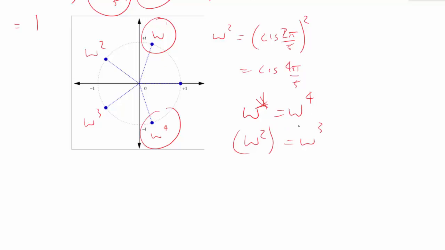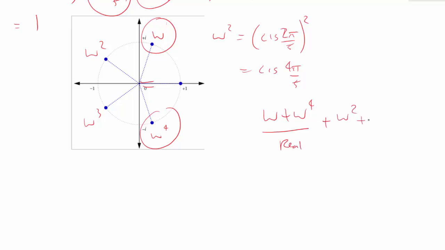I could move the conjugate to there, it wouldn't make any difference. Now, when you add a conjugate pair, what do you get? Omega plus omega to the 4th. Well, the real part is going to be added twice, and the imaginary part is going to cancel out, so we can be sure that that is real. If I add omega squared and omega cubed, we can be sure that that is real. And if I add the 1, it means if I add up all the roots, it is inevitably real.